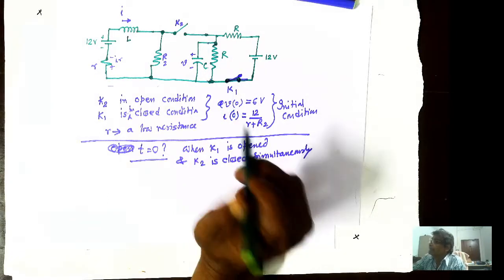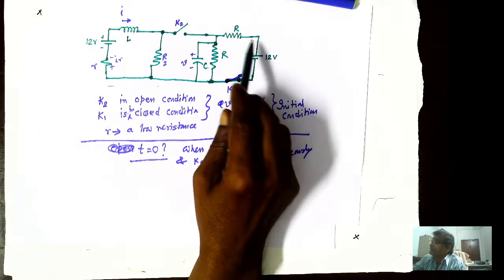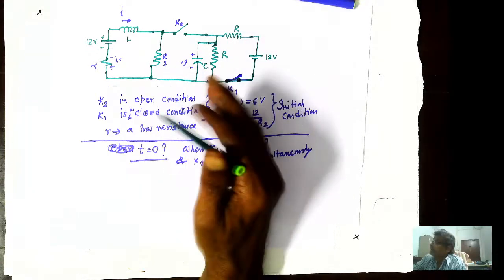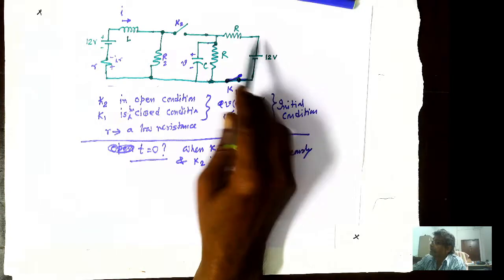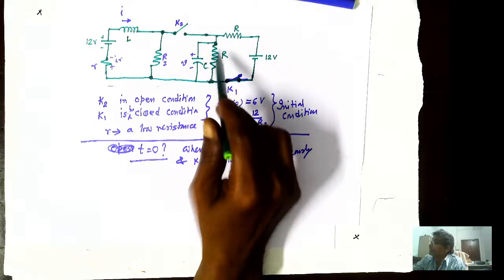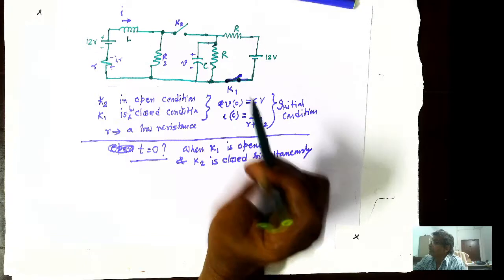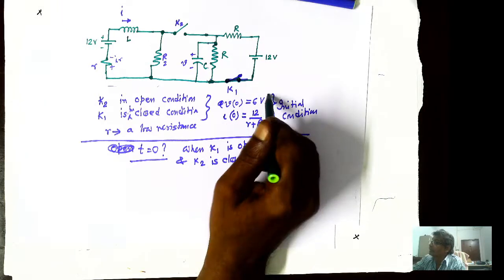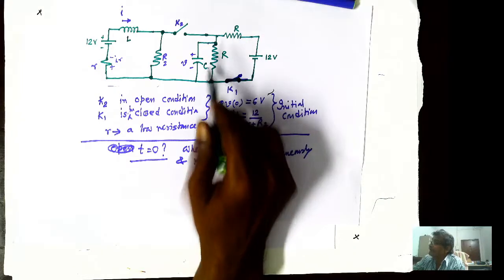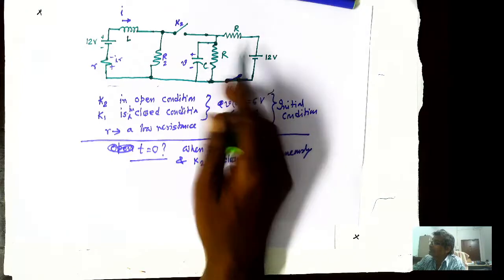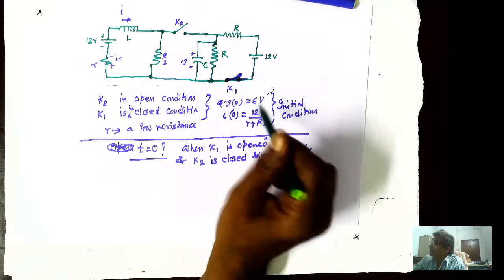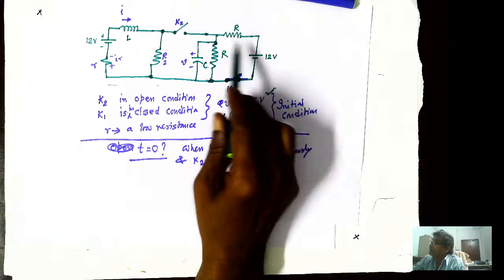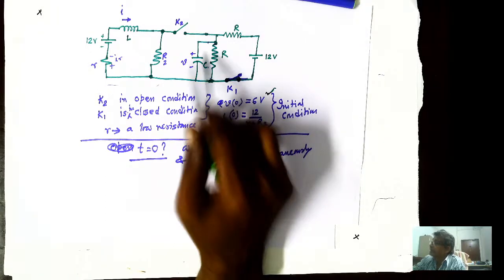In that case, if the circuit is kept for a long time, then the voltage across the plate of the capacitor will become not 12 volt, but 6 volt, because it is a potential divider, after the transient has died down. 12 by 2R into R is the voltage across the capacitance, and that I call V0.